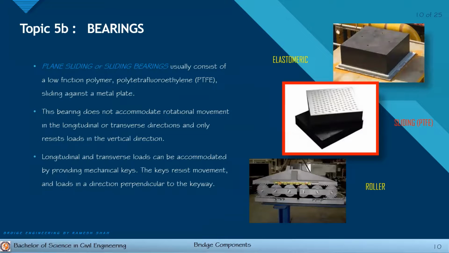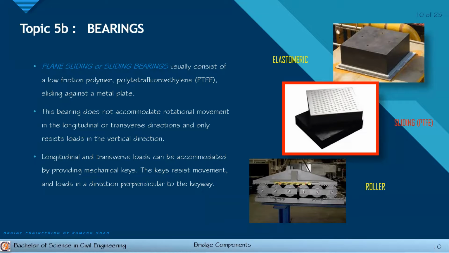A plane sliding or sliding bearing usually consists of a low friction polymer, or ang abbreviation of PTFE is what we call the polytetrafluoroethylene sliding against a metal plate. So meron tayong PTFE na nakaslide sa ating metal plate. This bearing does not accommodate rotational movement in longitudinal or transversal direction and only resists loads in the vertical direction.